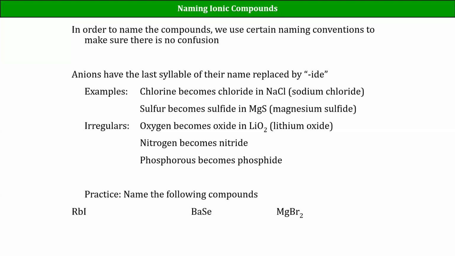Rubidium iodide. Do we need a Roman numeral on rubidium? Nope, it's in column 1. How about BaSe? Barium selenide. Selenium, you drop the ium and put ide. So it becomes selenide.